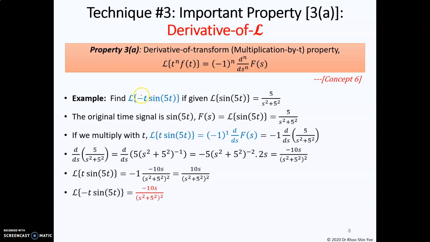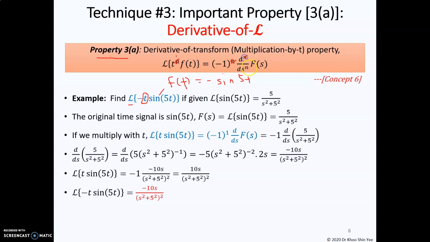In this example, we are going to find the Laplace transform for negative t sine pi t. So we see this function f(t) is equal to negative sine pi t, and you multiply it with t. You know that from this property, if you multiply the function with t to the power of 1, over here it will be negative 1 to the power of 1, which is negative.